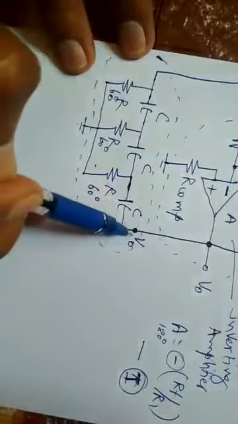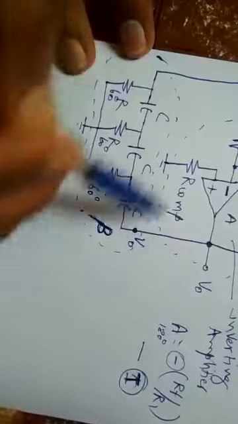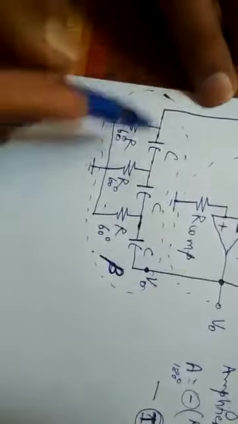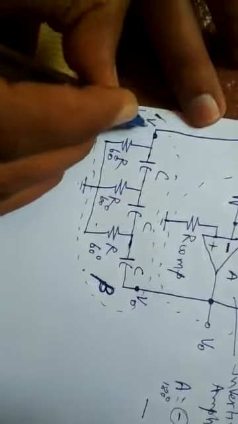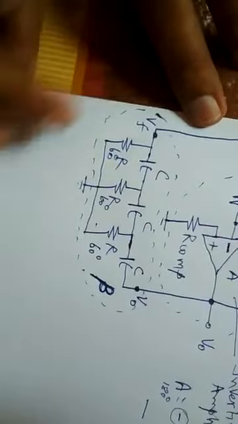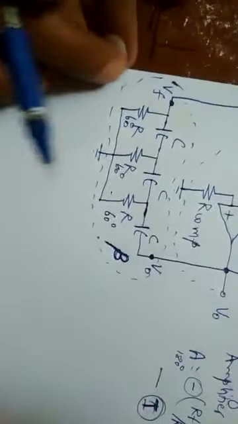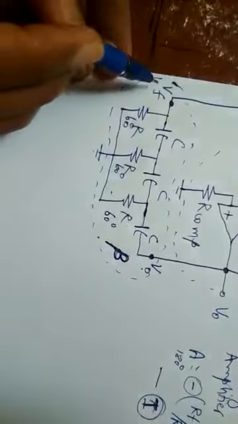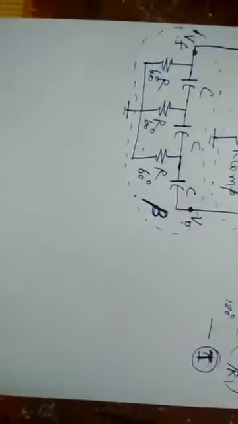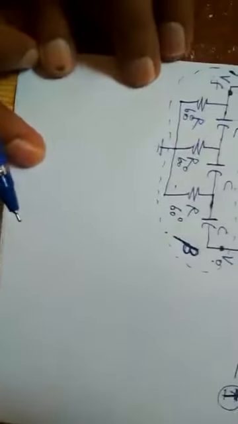That output is fed back as an input to this feedback network, and the output of the feedback network is named VF, the feedback potential. So for this feedback network, the input is V out and the output is VF, and I'm going to draw this feedback path separately.